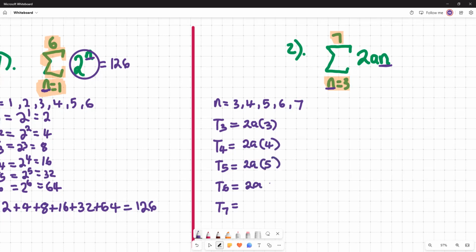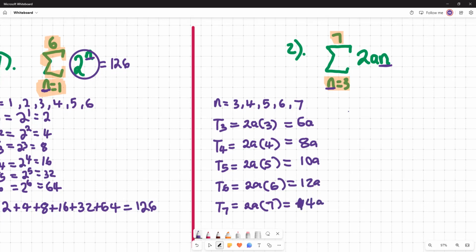I have 2a, I substitute 6. I have 2a, I substitute 7. And then, what does this give me? Let's see. This gives me 6a. This gives me 8a. So I can see it's going to be 10a, 12a, and 14a.